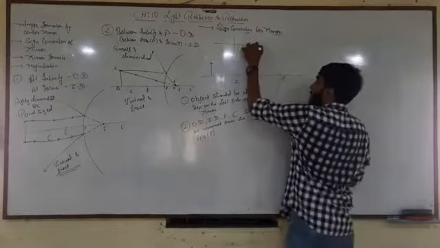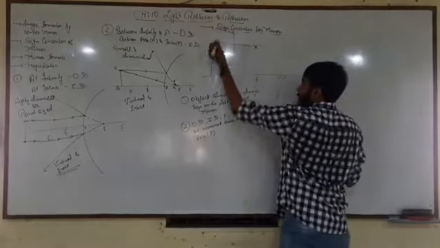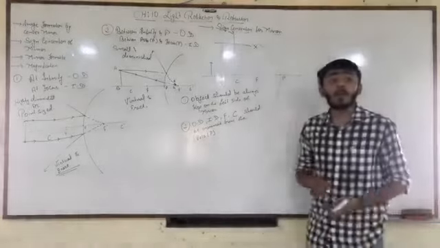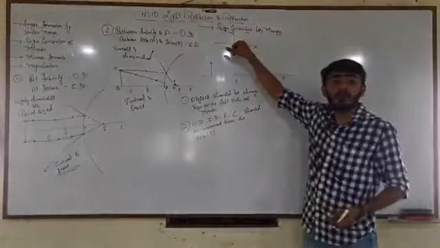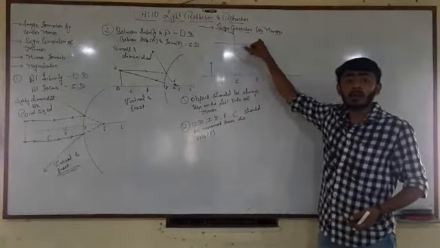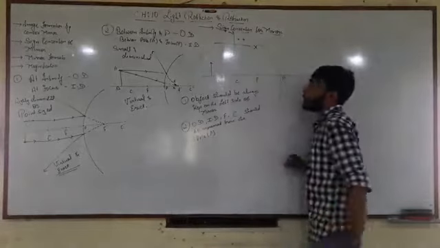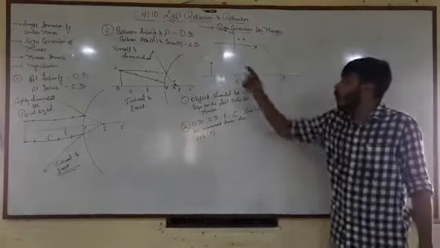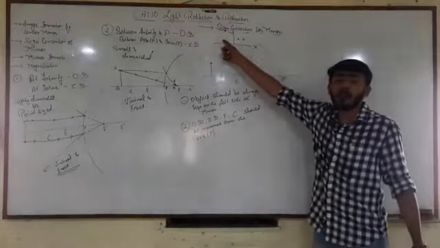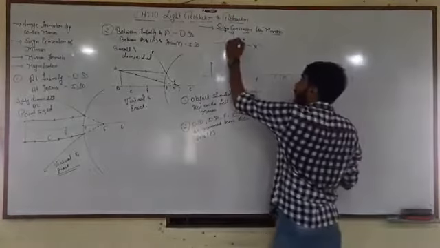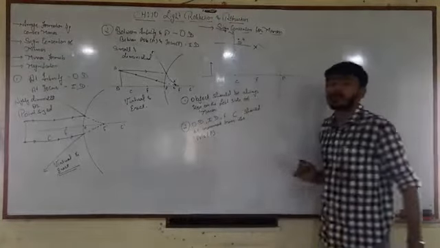This is your x-axis and this is your y-axis. On the right hand side of the mirror, we always need to take things positive. On the left hand side, this is always your first quadrant.